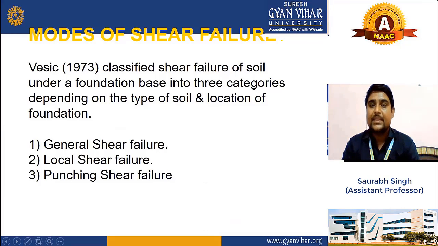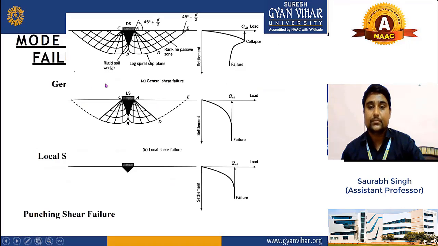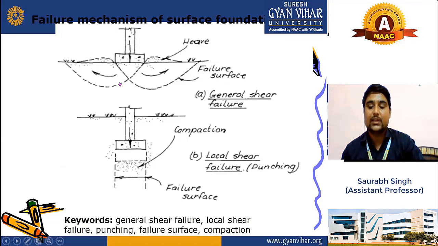The shear failure of soil under a foundation is classified into three categories depending on the type of soil and location of foundation. The first one is called general shear failure, the second is local shear failure, and the third is punching shear failure. Now we will see the difference between local shear failure and punching shear failure.